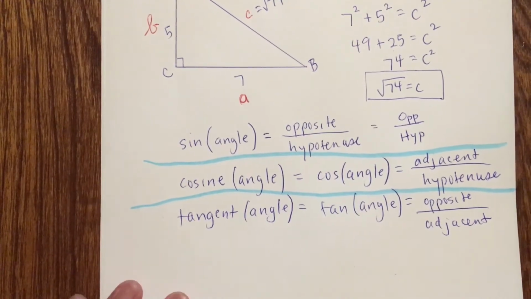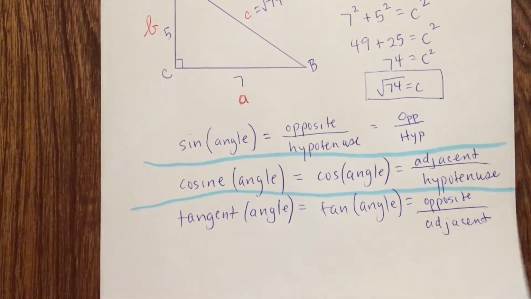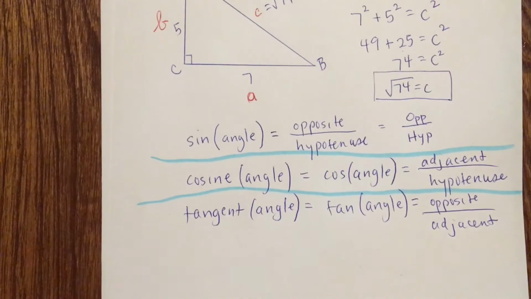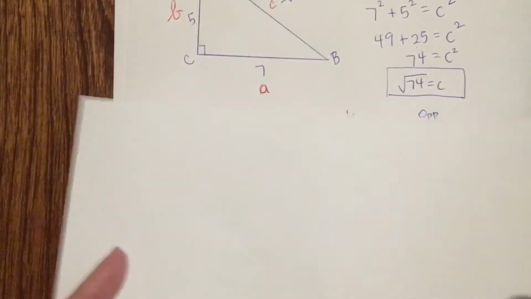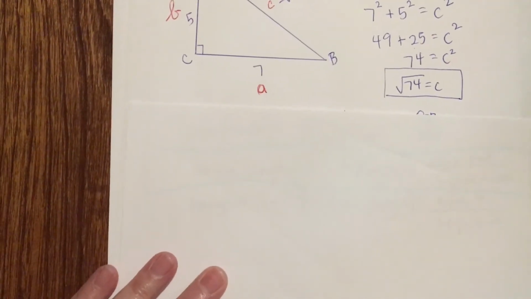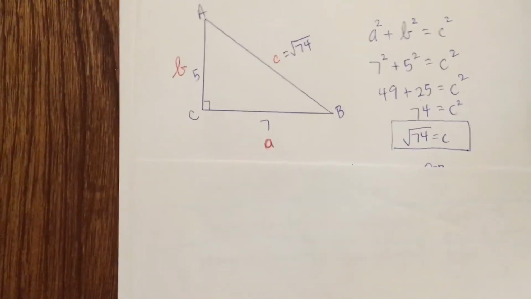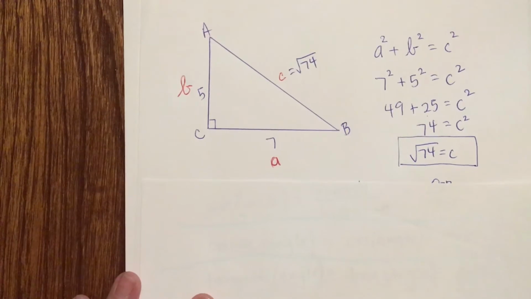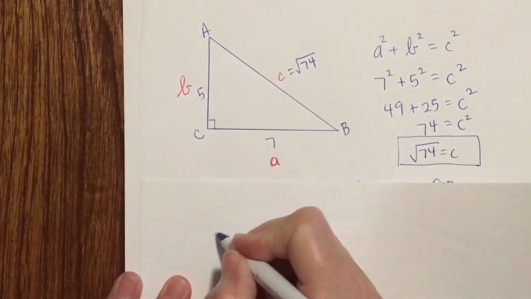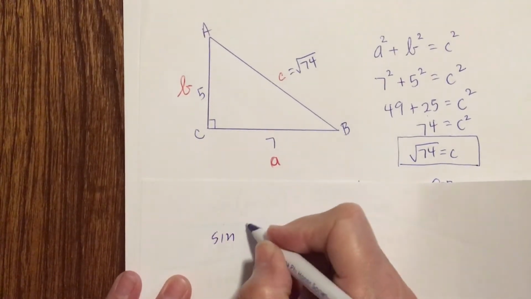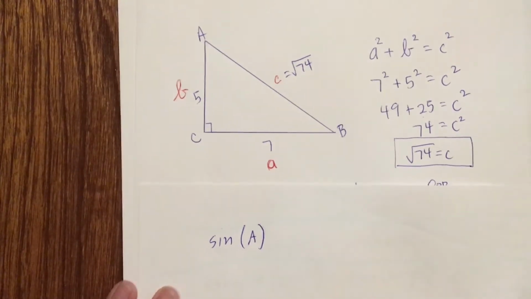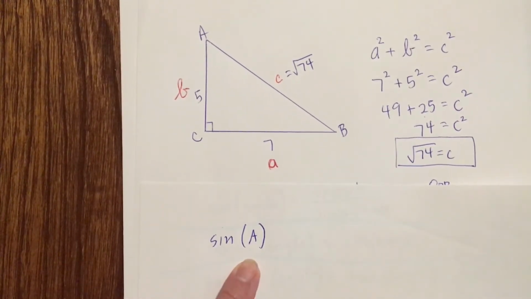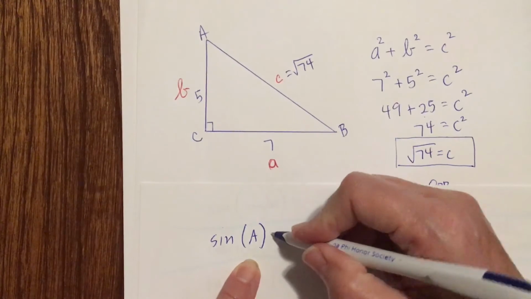As I look at my picture that's up here, I'm going to do the sine, the cosine, and the tangent. Now we'll do those from angles A and B. The sine, I'll just write SIN, parentheses A. You have to give the angle so we know which one you're looking at.